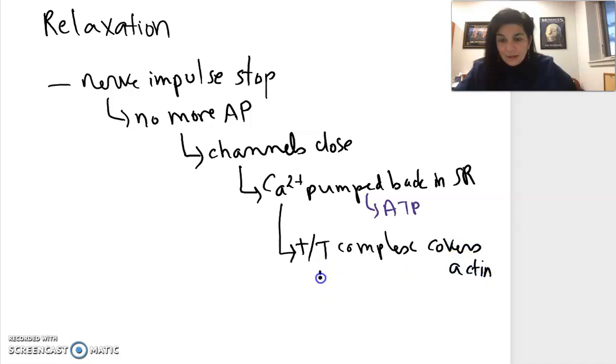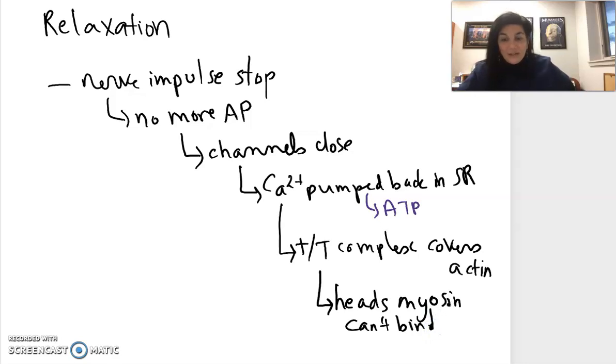That means the heads of myosin can't bind. And if they can't bind, there is no more sliding filament process, and there is no more contraction, so the muscle relaxes.